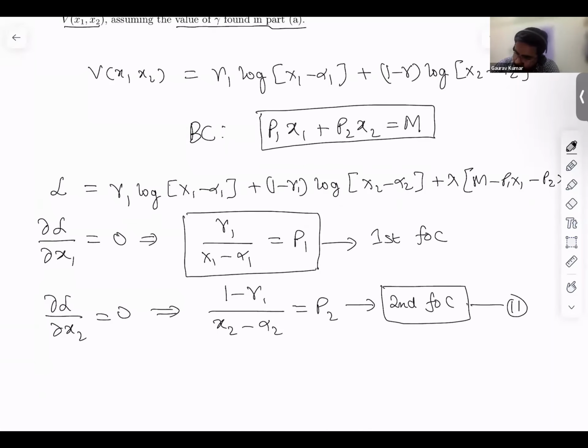Suppose I name this as 2 and this as 1. I'm dividing 1 by 2. What I get is gamma 1 by 1 minus gamma 1, x2 minus alpha 2 by x1 minus alpha 1 is equal to p1 by p2. This is your condition from the FOC that you derived. The budget constraint that has already been given to you is this.